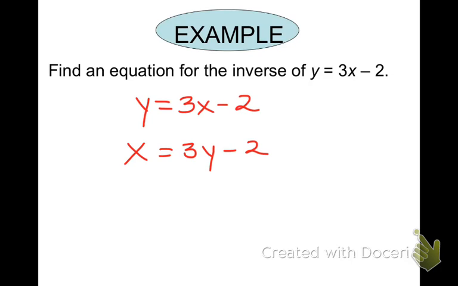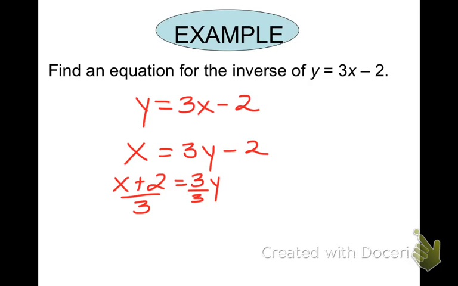But for us to make sense of this, we should turn it into slope-intercept form, right? So can we get the y by itself? How do I get the y by itself? First move would be to add 2. So I would get x plus 2 is equal to 3y. Next move, divide by 3.